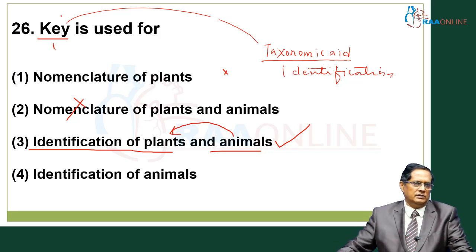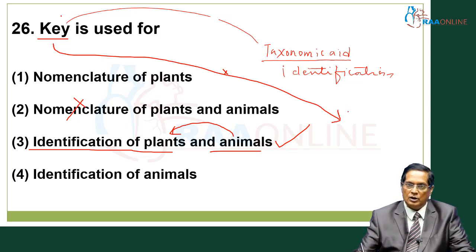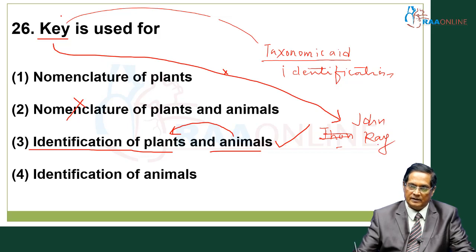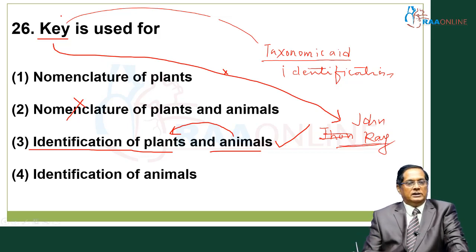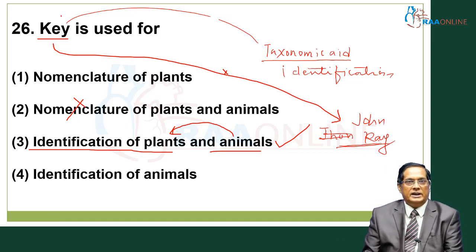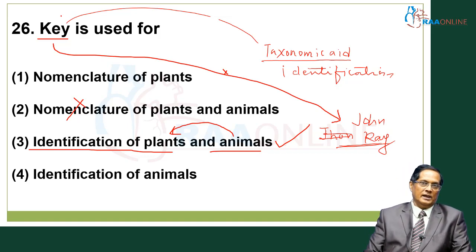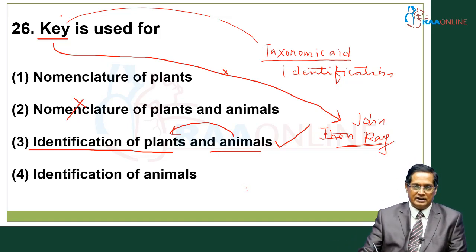One more piece of information about the key. The concept of key was given by John Ray. And actually we can identify each and every taxonomic category by making a key.